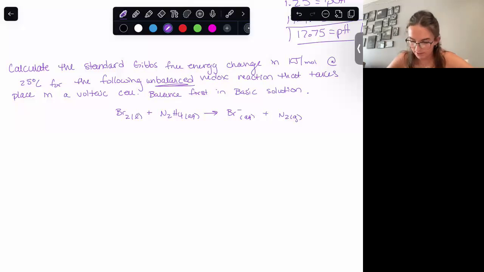Okay, so we're going to calculate the standard Gibbs free energy change in kilojoules per mole at 25 degrees Celsius for the following unbalanced redox reaction that takes place in a voltaic cell. But first, we're going to balance it, and then I'll give you the rest of the question.